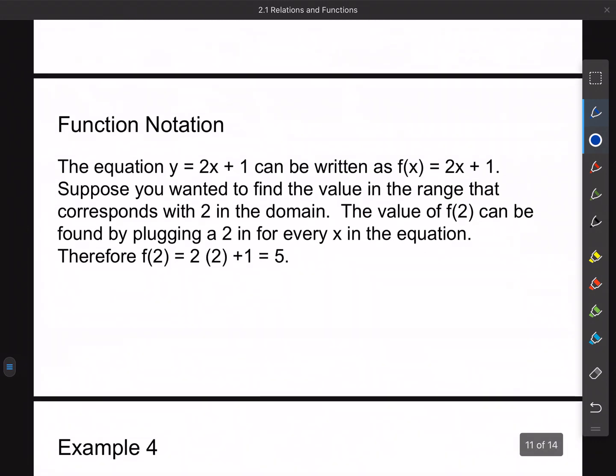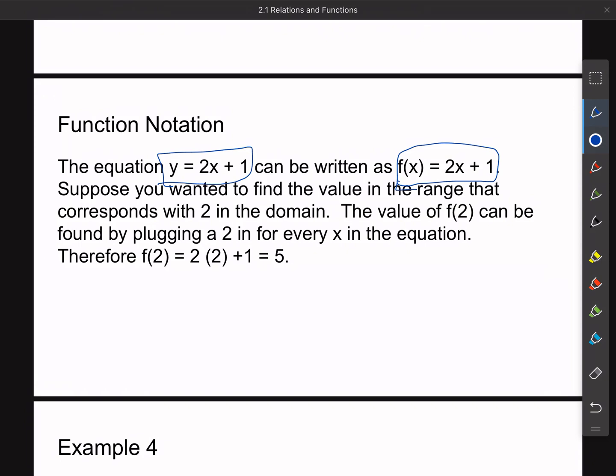And then function notation. Yes, believe it or not, we did do this in Algebra 1 as well, at the very beginning of the year. I started throwing this at you where I replaced the y with f of x, right? That becomes increasingly important as math progresses. So this says, suppose you want to define the value in the range that corresponds with 2 in the domain. So the value of f of 2 can be found by plugging a 2 in for every x in the equation.